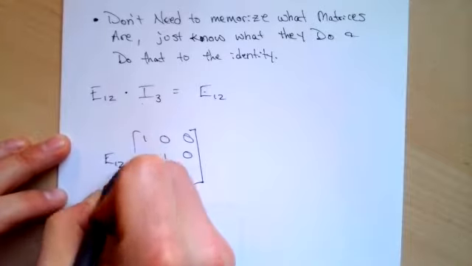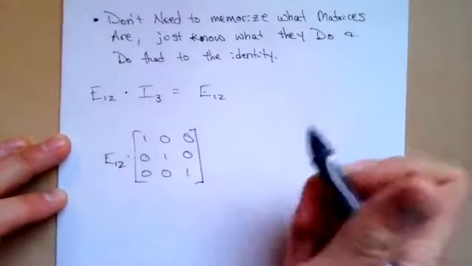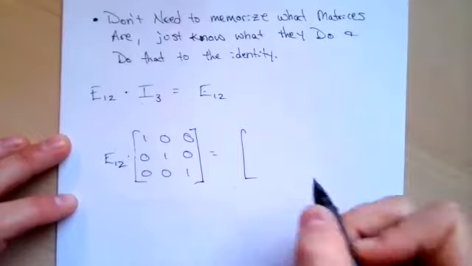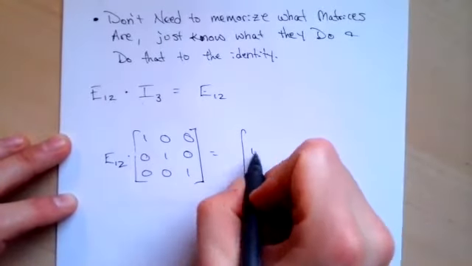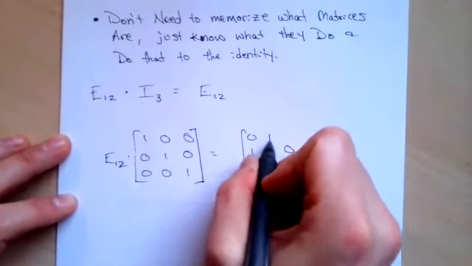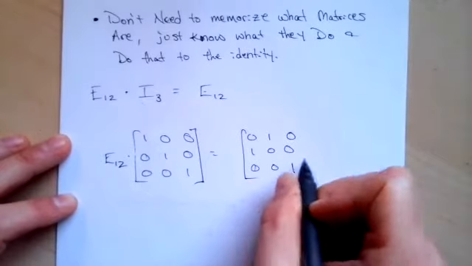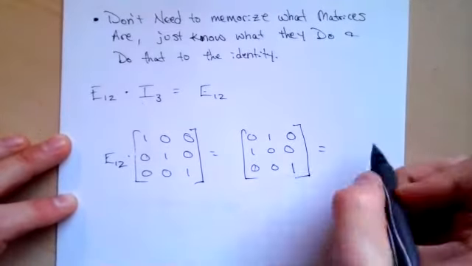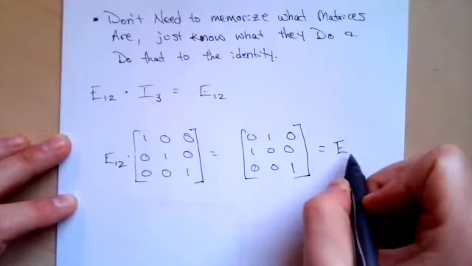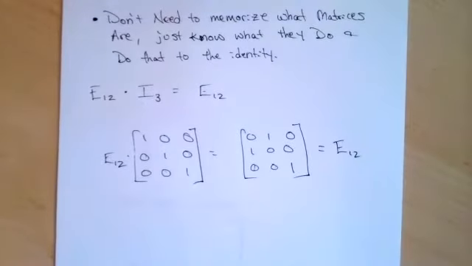So if I have E12 acting on it, well, what it's going to do is it's just going to switch rows 1 and 2. And I know that this had to have been E12. So we kind of think of these as multiplying by matrices.